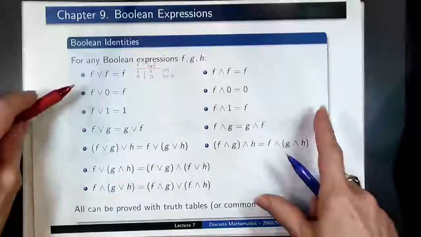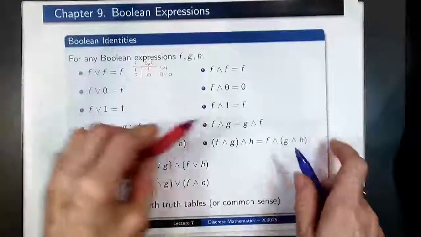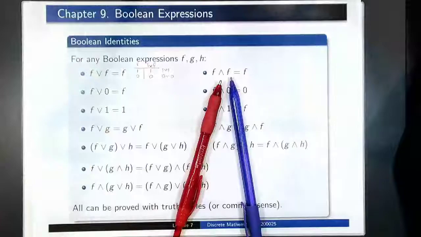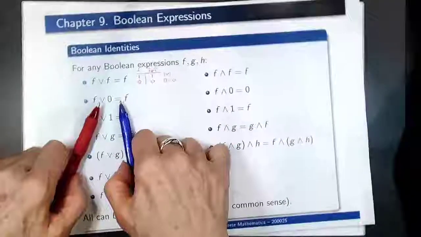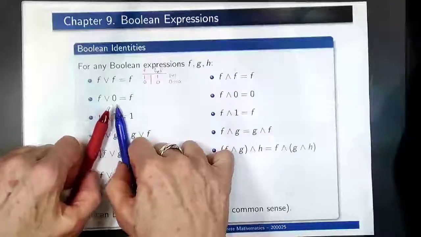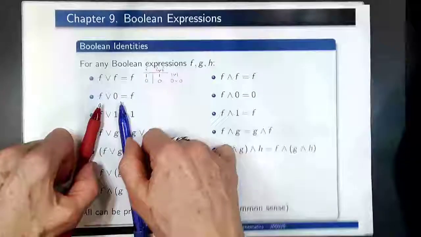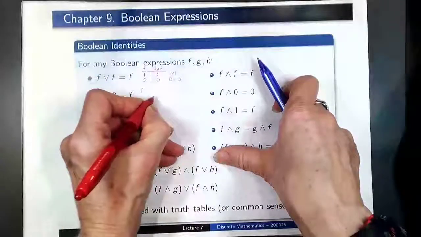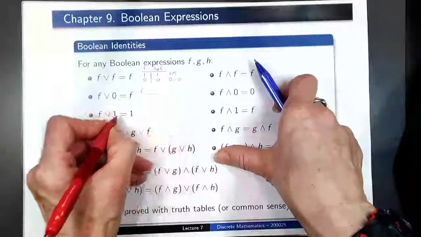No. So that one's common sense. And the same with and. If I say something's true and it's true, what is it? Right. Okay, and so on. What about that one? Whatever this is, if I take that, let's do a little table.